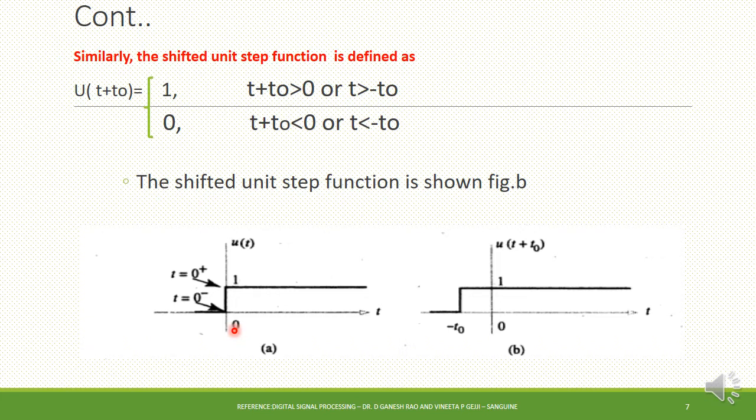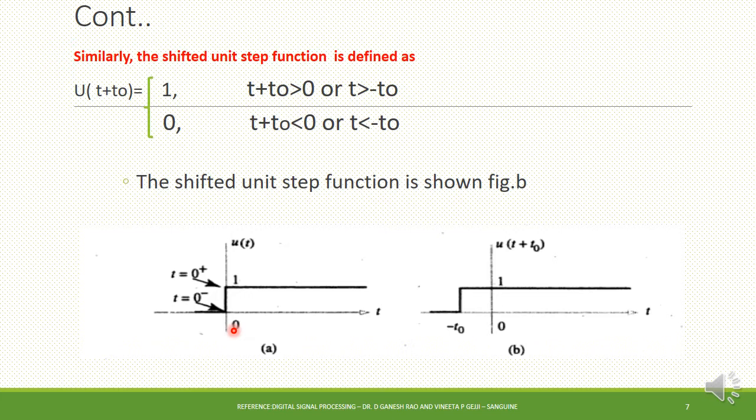This is u of t and this is t. This u of t is always equal to 1 when your t value is greater than 0.